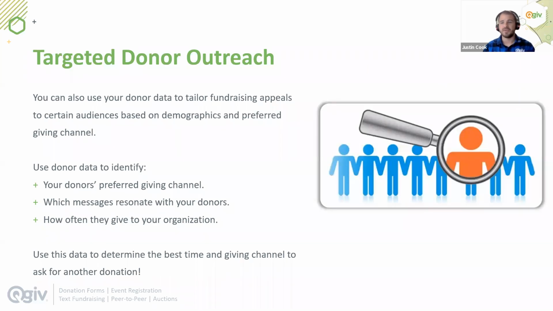Next, you can send out really targeted donor outreach. So another great use of our donor data is to target audiences based on their demographic and preferred giving channel. And like we were talking about with the generational giving, it's really important to understand how your donor base prefers to give to your organization, understanding which campaign messages resonate with each generational group, and how often each of these segments give, because that'll inform you on your communication and when you should be sending out appeals versus when you shouldn't be.